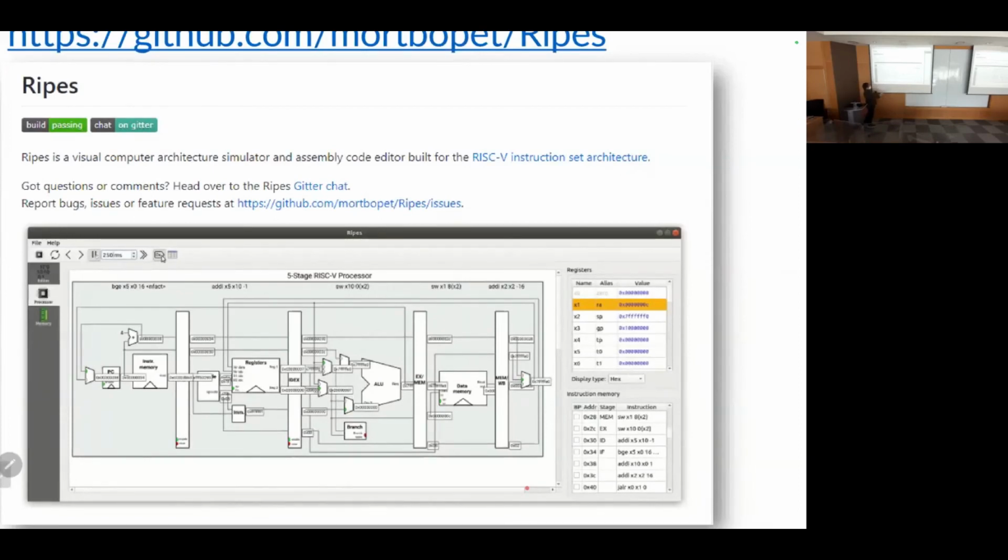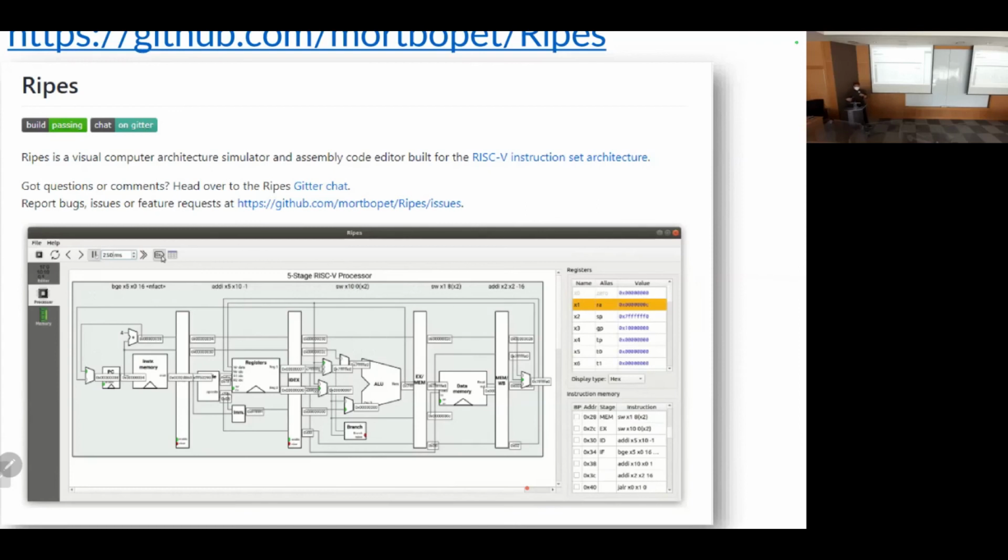If we use the Ripes simulation tool, then we can easily figure out how instructions are fetched, how instructions are propagated to the next stage, and how instructions are really executed in this 5-stage RISC-V processor.